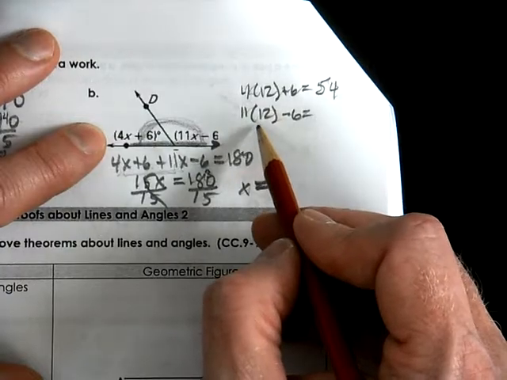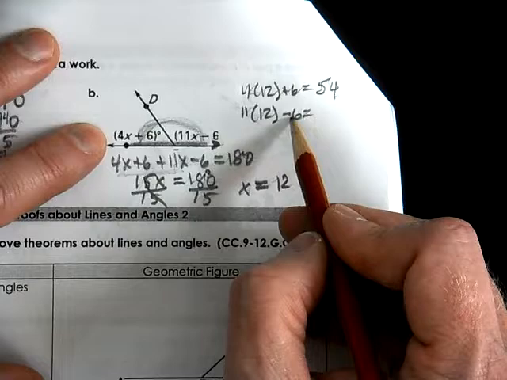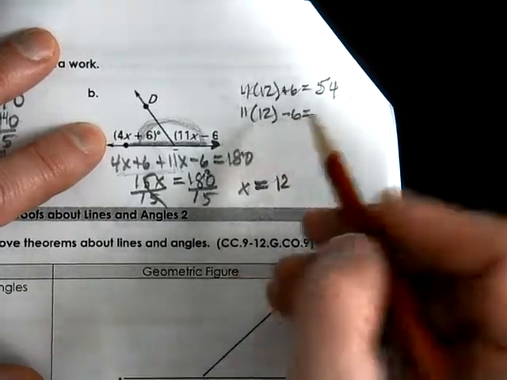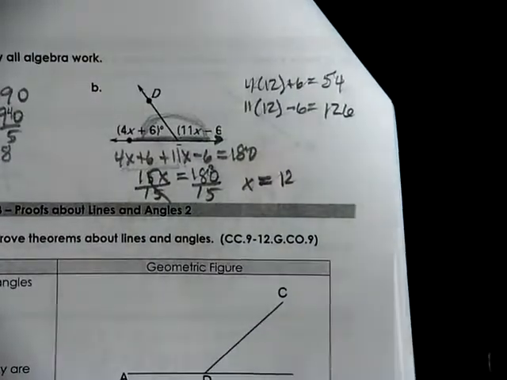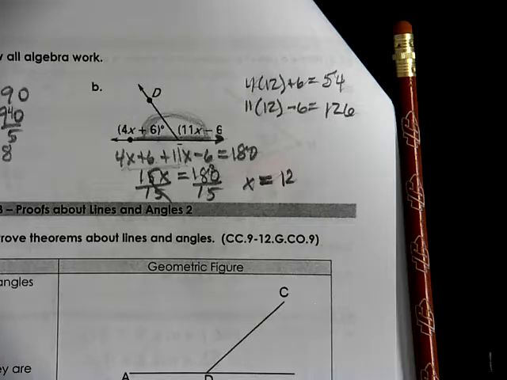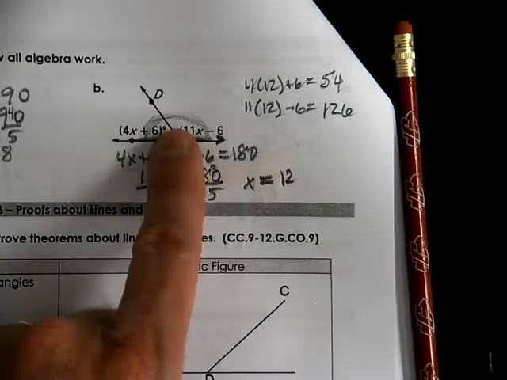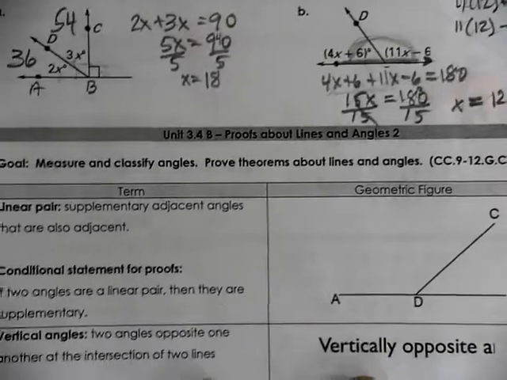So I got to take away 12. So that's 132. And I have to subtract 6. So that sounds like 126. There they are. We calculated out the two values. These add up to 180. Over here, these added up to 90.